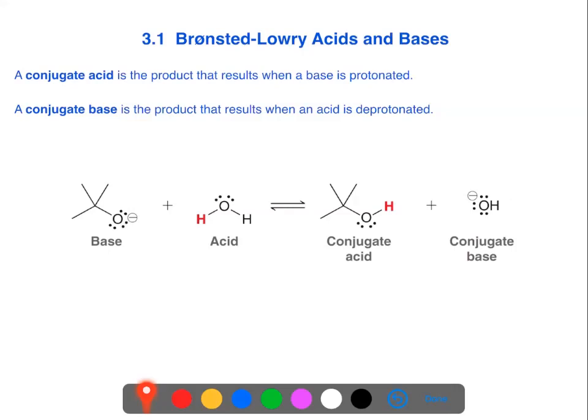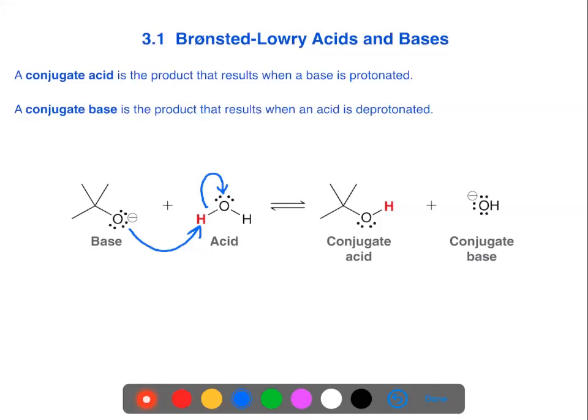And similarly, we can use a curved arrow formalism to represent the transfer of the proton. We can draw a curved arrow from, in this case, the tertiary butoxide, so an oxide, towards the hydrogen atom attached to oxygen in this water molecule, and again, breaking the OH bond to result in the formation of the new conjugate acid, which is tertiary butyl alcohol, and the resulting conjugate base, which is the hydroxide ion.